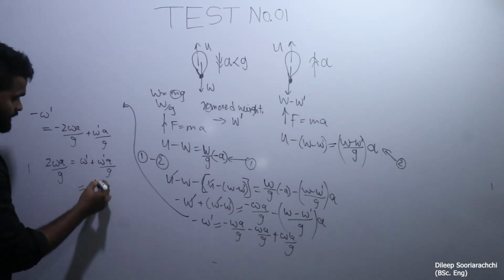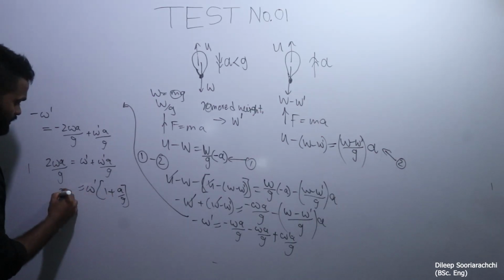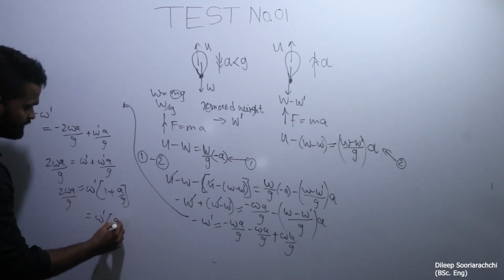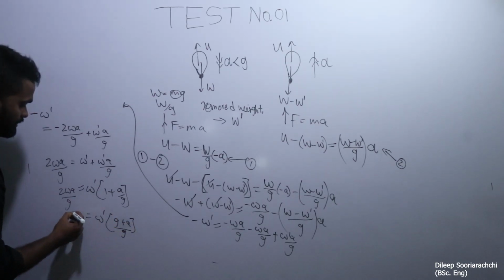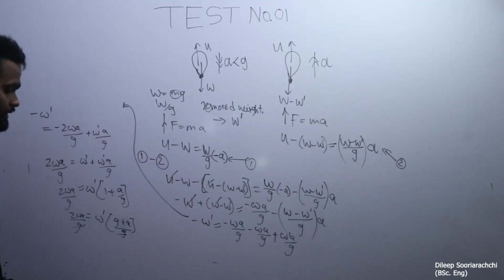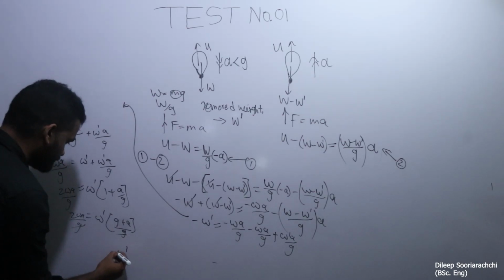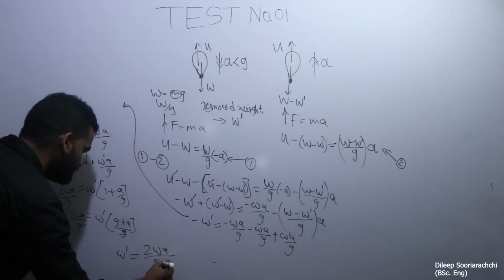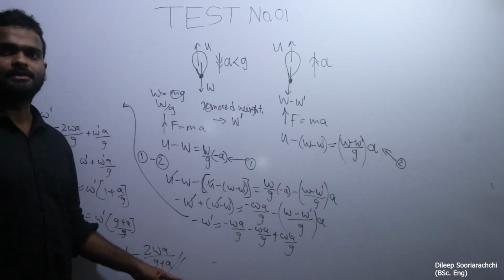So I can take W dash out, so this becomes 1 plus a over g, 2Wa over g. W dash times (g plus a), denominator is simply g, 2Wa over g, the g's cancel off, then W dash is equal to 2Wa divided by (g plus a). So this is the answer there.